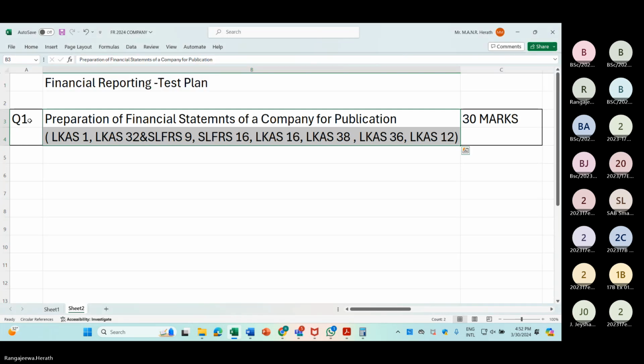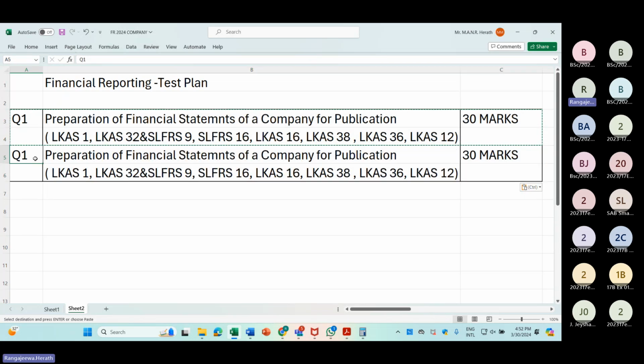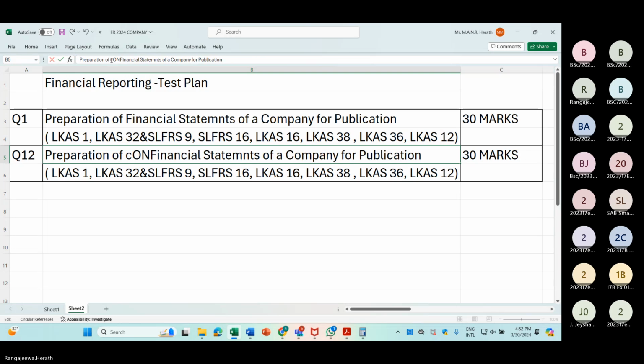Then you will be having question 2, preparation of consolidated financial statements.